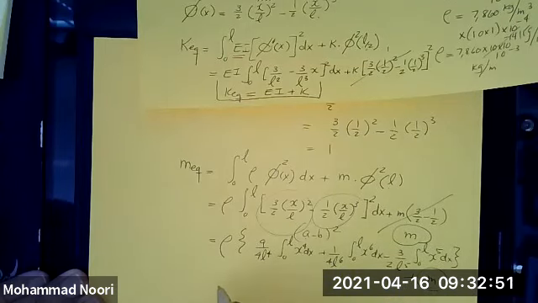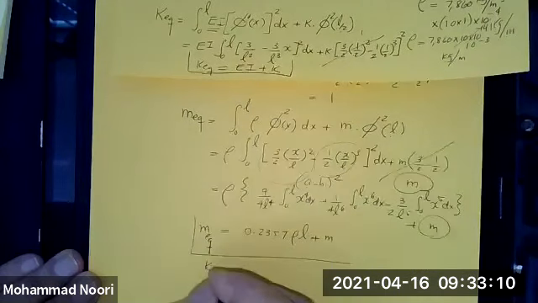Okay, if you simplify this, you get 0.2357 rho times L plus m. So that's going to be m equivalent.